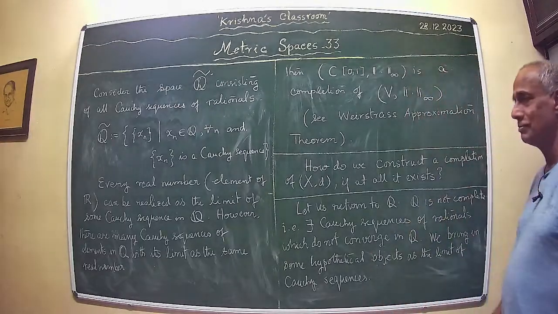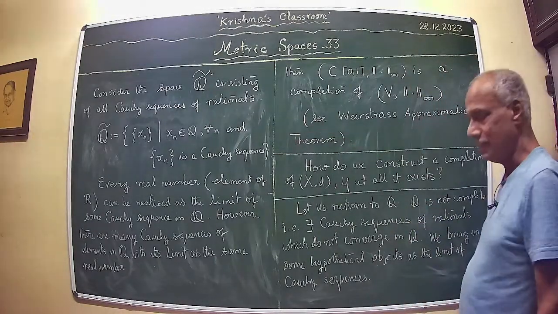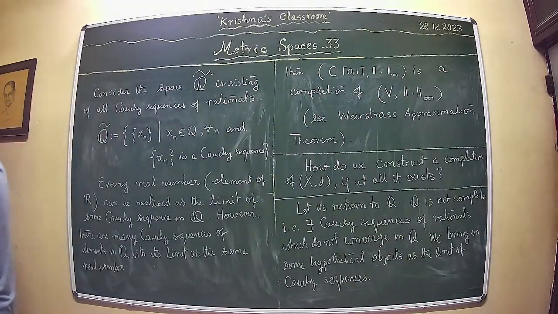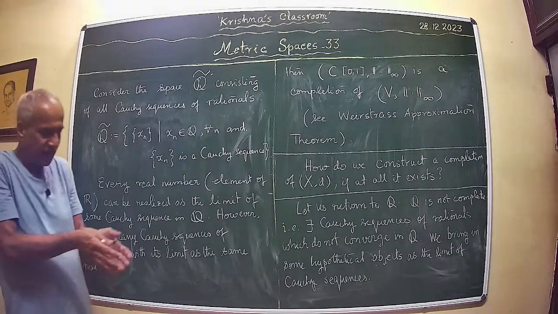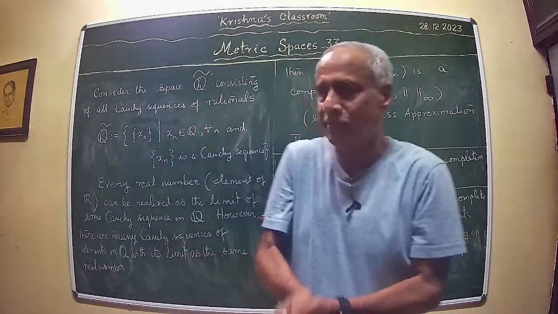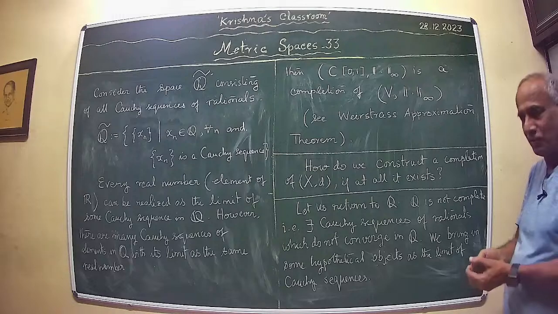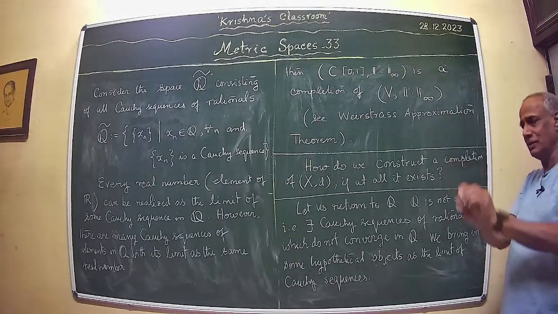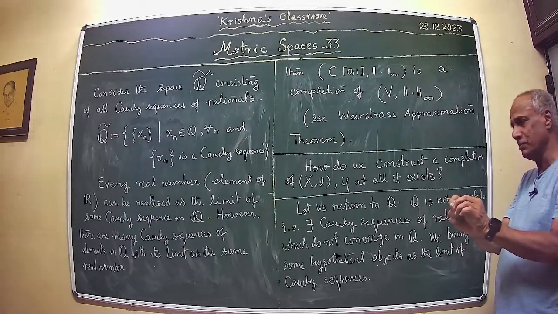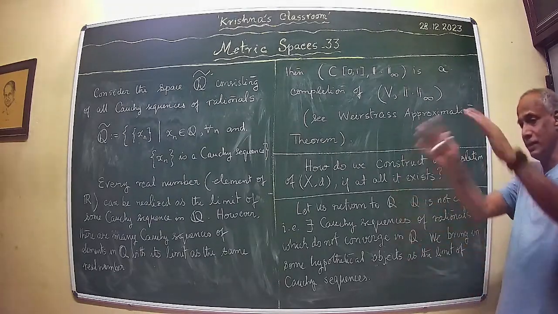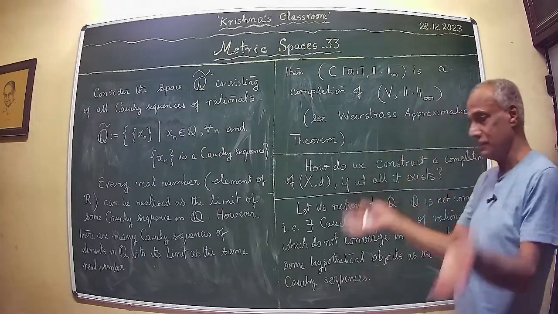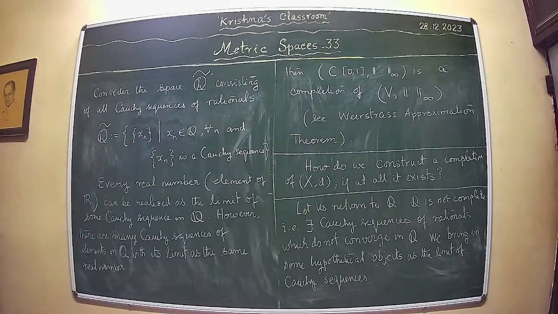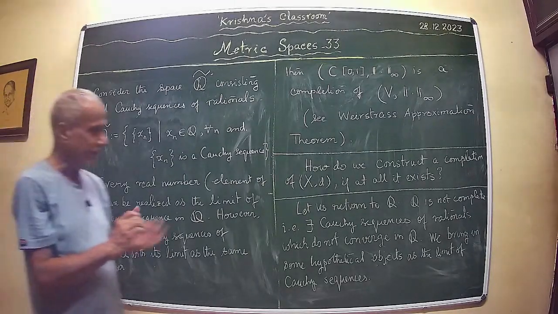That's a problem. So if you take Q tilde, you will see that several Cauchy sequences converge to the same real number. So you cannot just identify one such Cauchy sequence with it, but all these are equally competent to represent the particular real number. So how do we manage the situation?